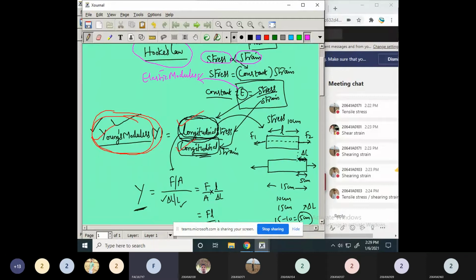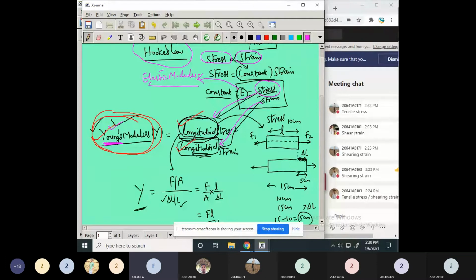Now what we did here is find what type of stress we are applying. For the different types of stress available, we get those strains separately, and we give different moduli. This modulus was given by the scientist Young, so we consider it the Young's modulus.